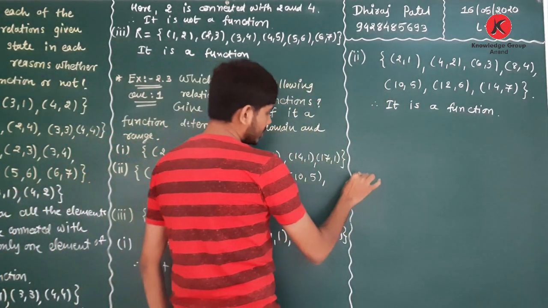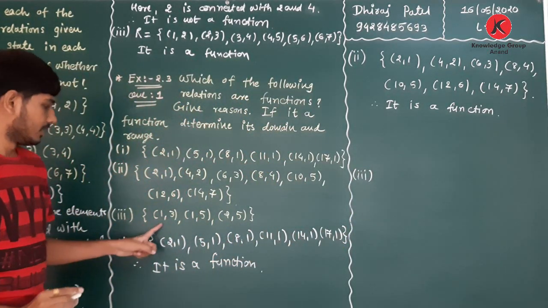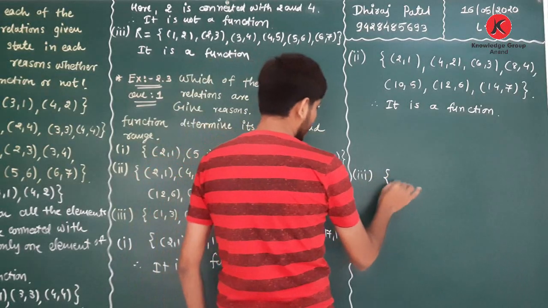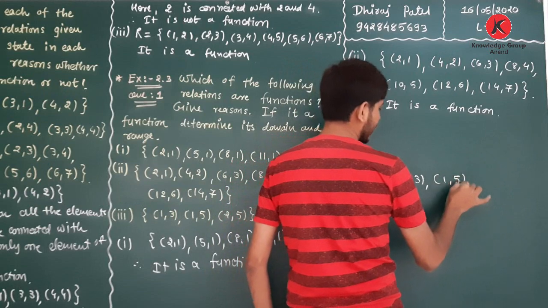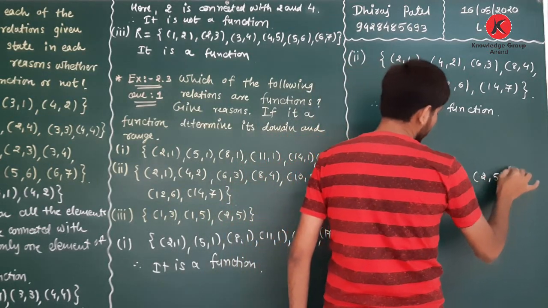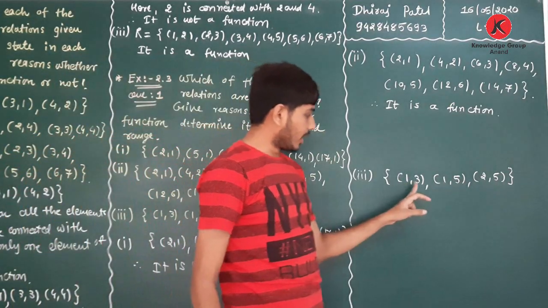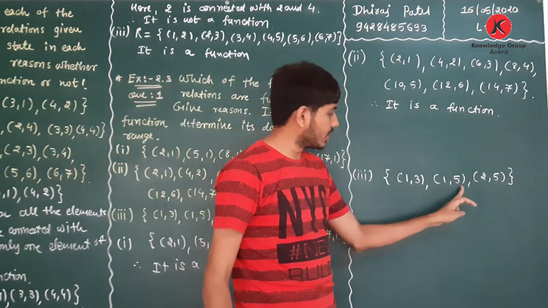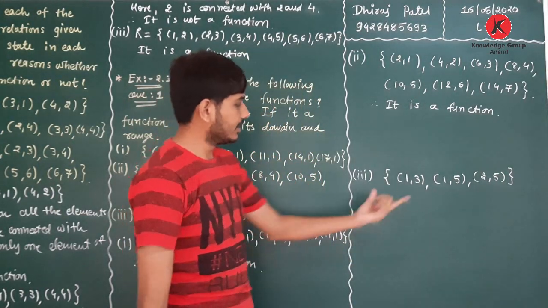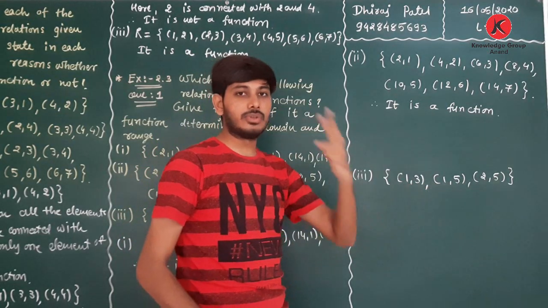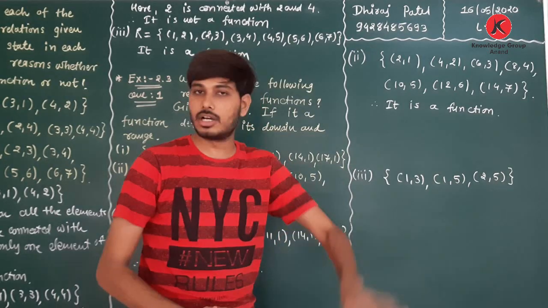Now we are going to discuss the third relation, whether it is a function or not. The third is {(1,3), (1,5), (2,5)}. Now see here, is this a function or not? See, 1 is connected with 3, and 1 is also connected with 5. Therefore we can say that 1 is connected with two elements of the codomain. Therefore it is a relation, not a function.